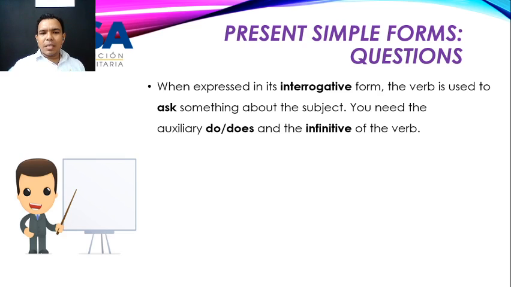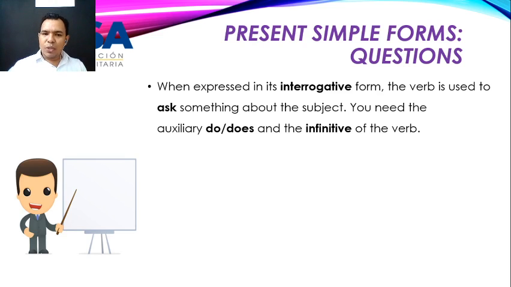When expressed in its interrogative form, the present simple verb is used to ask something about the subject. You need the auxiliary also. Remember, questions and negatives need the auxiliary do and does. Do for all the pronouns, and does for the third person, he, she, and it, and also the infinitive of the verb.